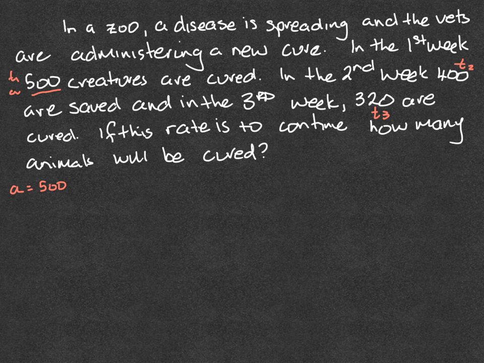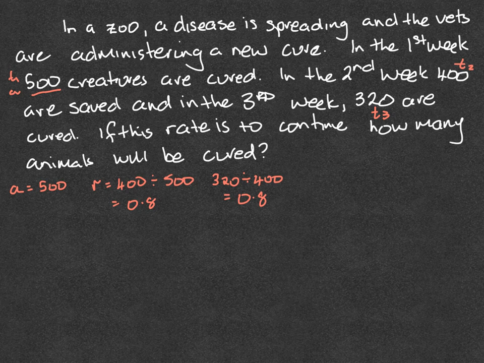Now to work out our R, we go T2 divided by T1, so that's 400 divided by 500, and on your calculator, that's 0.8. And if you do T3 divided by T2, so 320 divided by 400, you'll find that that's also equal to 0.8. So our R value is 0.8.